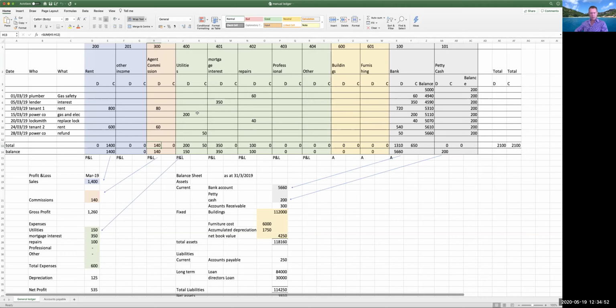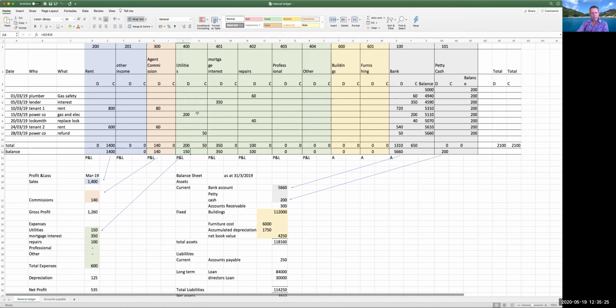The reason I put the electricity company credit example in is that here you can see the unusual situation, which does happen, where normally you debit the expense, you debit utilities with the £200 that you're paying every month to the utility company. But in this case, you also have a total of all the credits in that. So you have £200 debit total on that account, and you have a £50 credit total of that account.